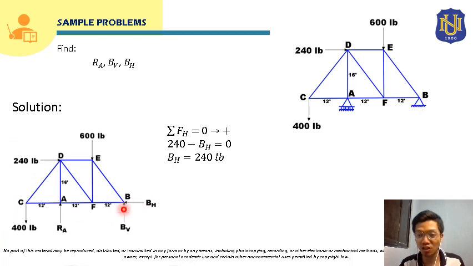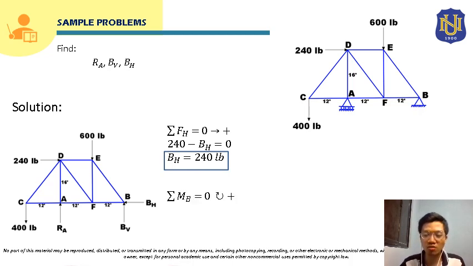That's why our BH here should be directed to the left, so that it will keep the equilibrium of this force system in terms of the horizontal forces. Now, this is already an answer. So BH is equal to 240 pounds.